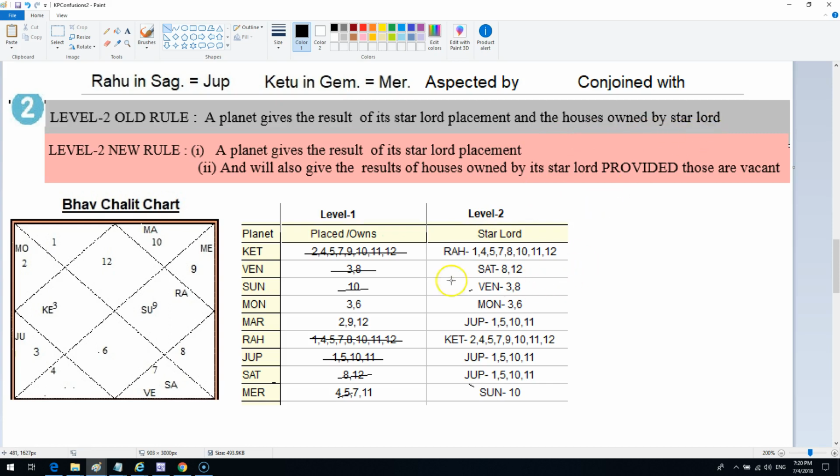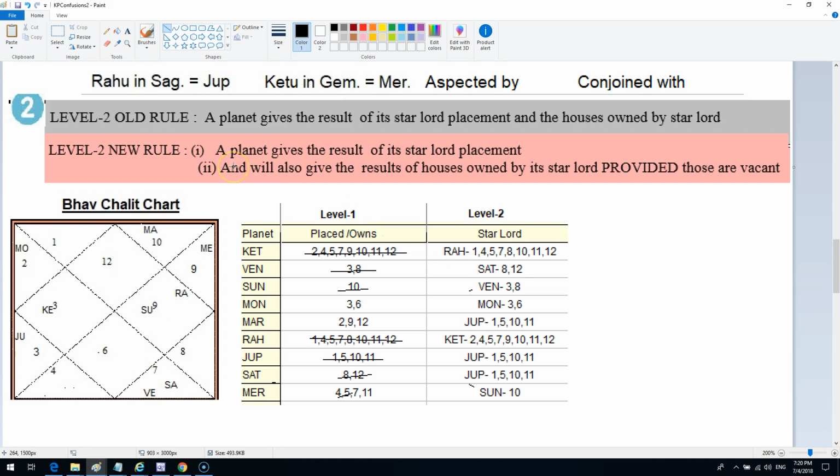So what are the houses owned by the star lord Saturn? That is the 12th house, and since this is a cusp chart and Aquarius has become an intercepted sign, there's only one sign that appears in this chart. So in the old rule, Venus was supposed to give the result of the 8th and also the 12th house.